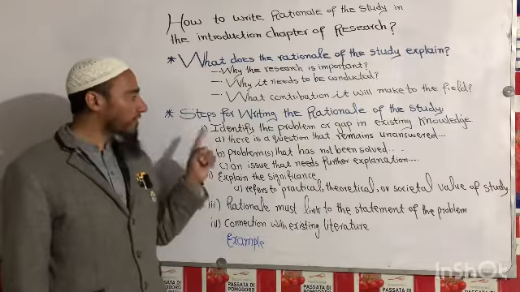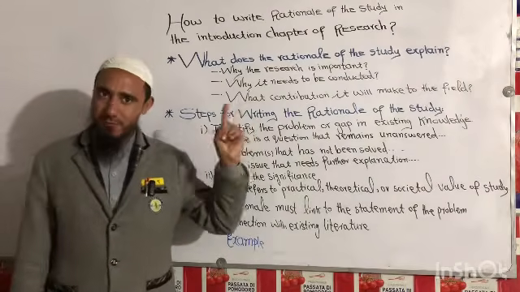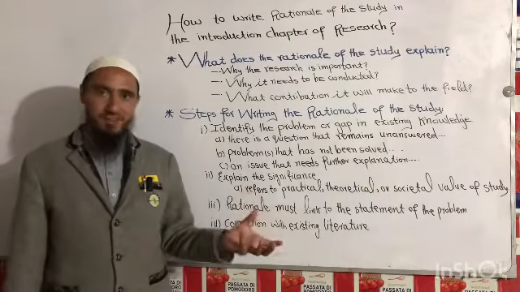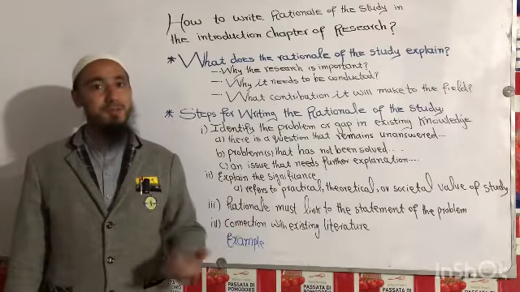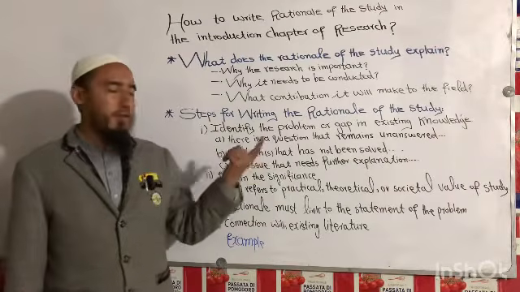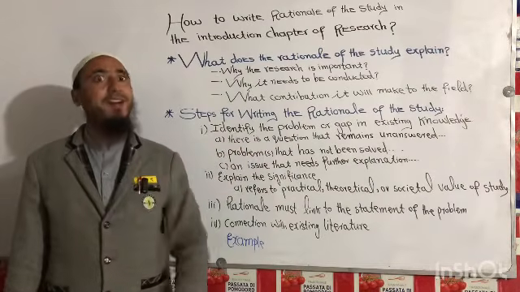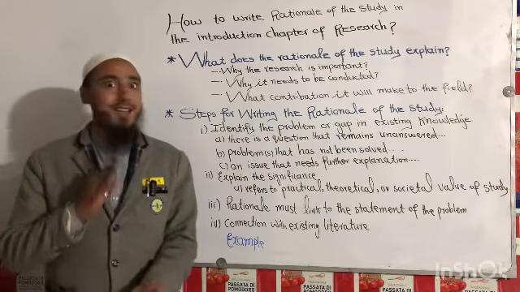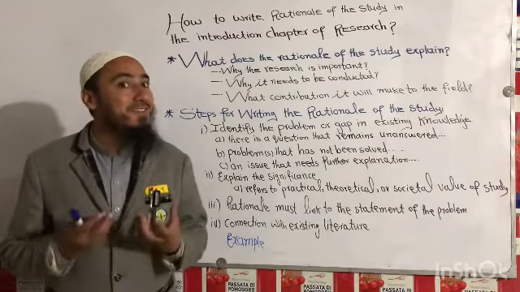So the first point is identify the problem or the gap in the existing knowledge. For example, when we say identify the gap, there would be a question that remains unanswered. So if a question is unanswered, it means a research is possible.